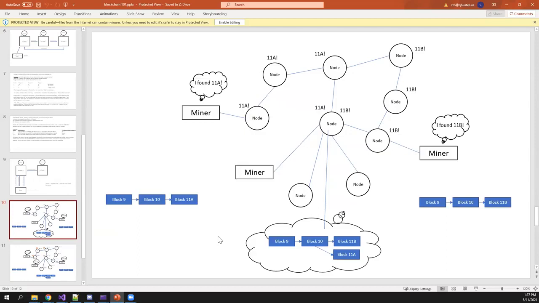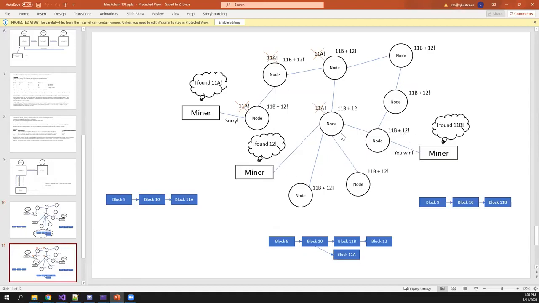So in the case where two miners both have valid blocks that they find at about the same time, it depends on the timing of when 11A makes it around or 11B makes it around, and then finally 12 gets mined on top of one of those two. That decides which guy, quote unquote, wins. So in my example, I said 11B wins because this guy said, hey, I got 11B.